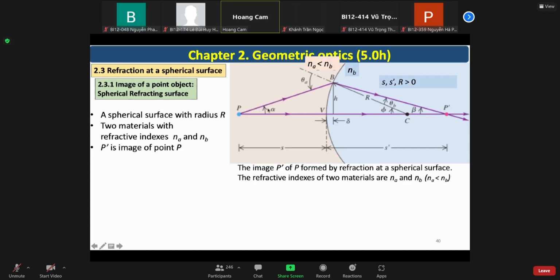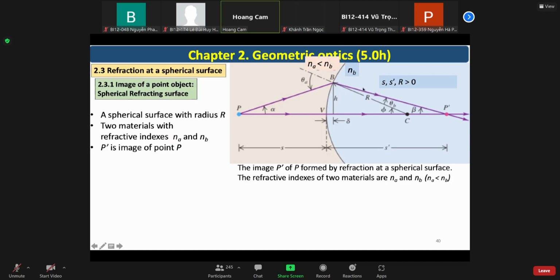The second incident ray strikes this spherical surface at this point, and you draw the normal here, and then you draw the refracted ray.